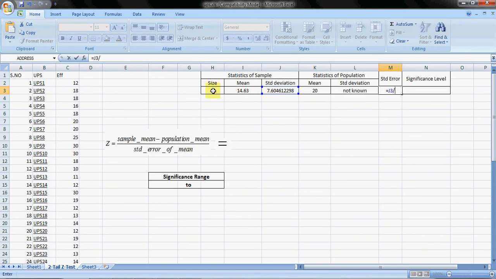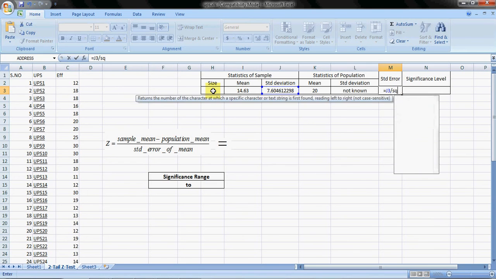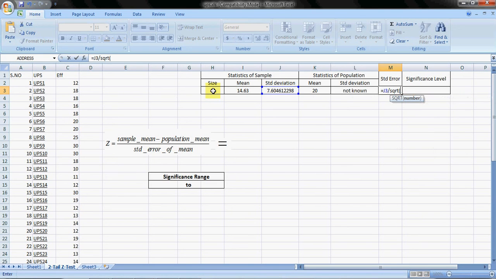How to compute the square root? You can simply use the function SQRT, bracket open, and the number of which you want the square root, and this is a value of 40. You can simply click on the cell and you get H3 over here, close the bracket, and this is the standard error of the sample.